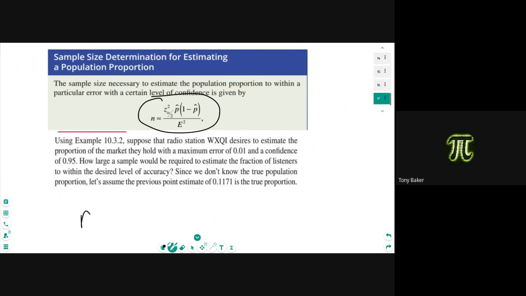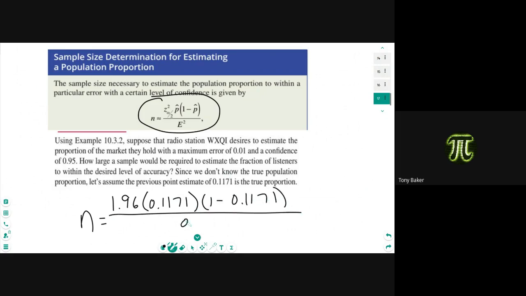So my n equals 95%. What's my z for 95%? 1.96. And then it's 0.1171 times 1 minus 0.1171 all over 0.01 squared. Oh, I forgot to square the 1.96.